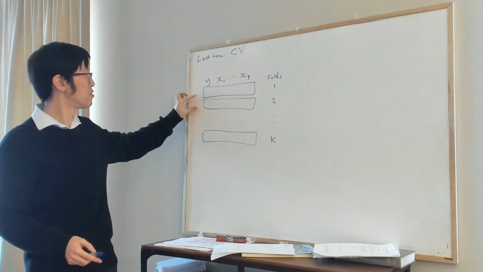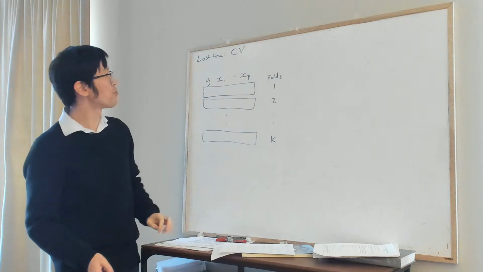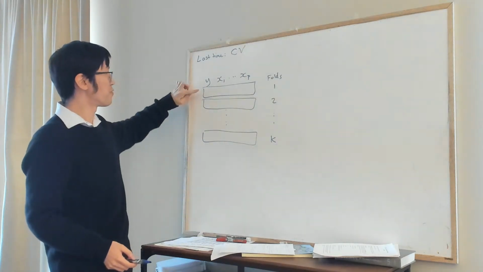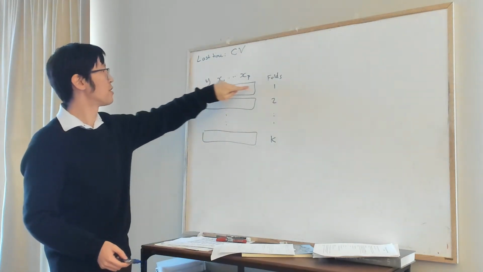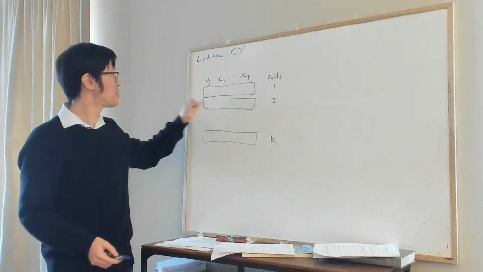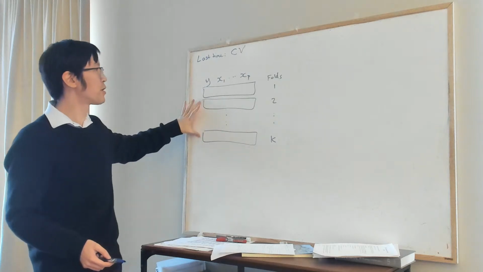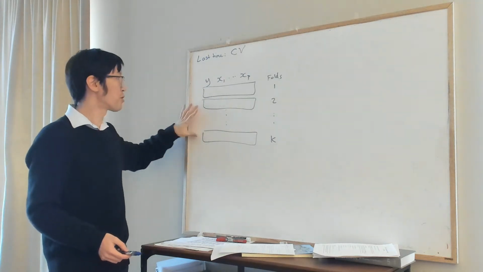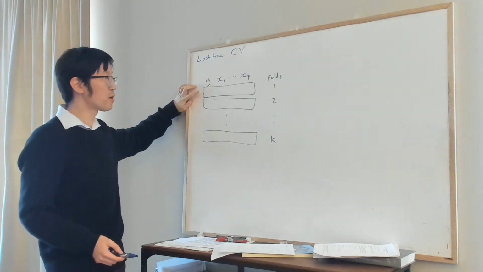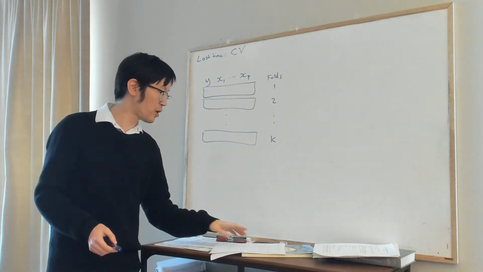Each of these chunks is roughly equally sized. In fold 1, we treat this first set as validation, and then we train on everything else. Then we evaluate the fitted models on the validation set, and we can calculate things like root mean squared error.